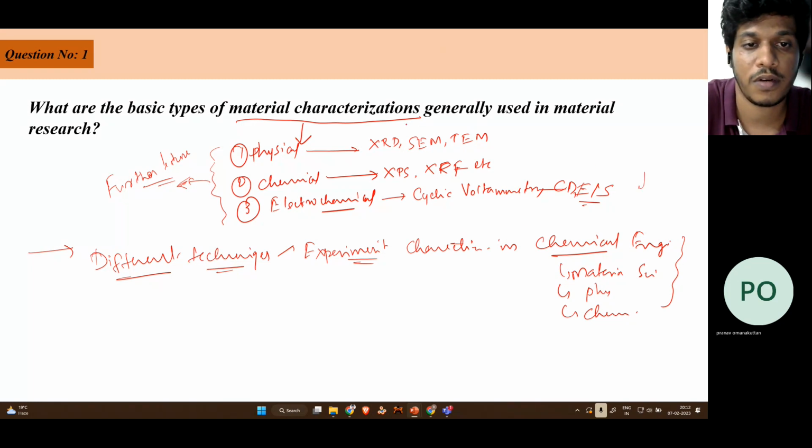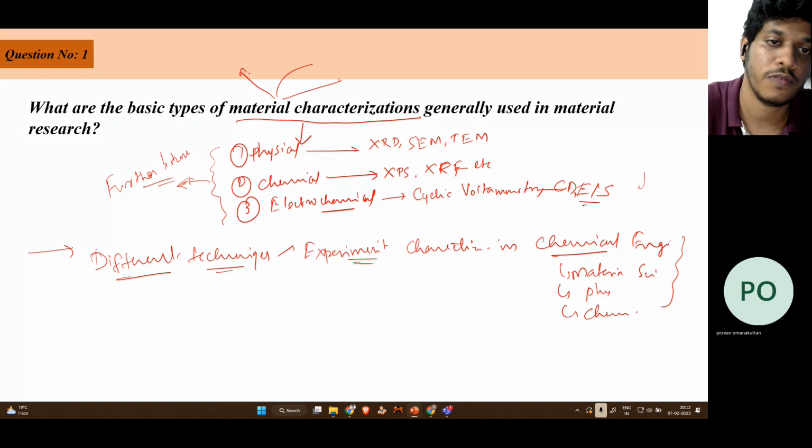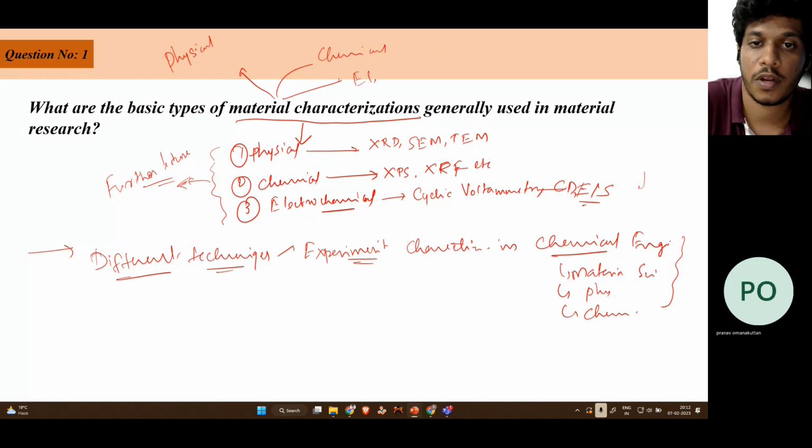The first question we discussed today is what are the types of material characterization techniques generally used in material research, and that can be divided into three. The first is physical characterization techniques, the other is chemical characterization techniques, and the last is electrochemical characterization techniques.